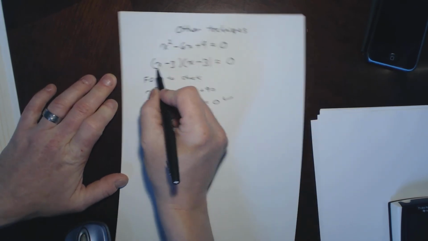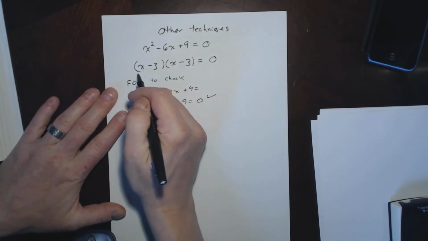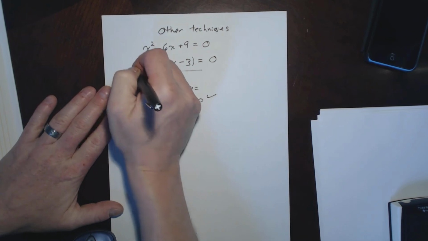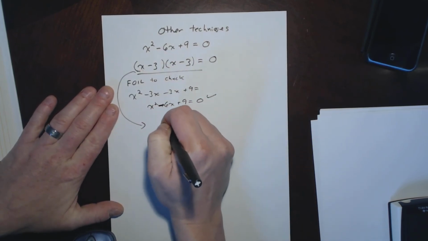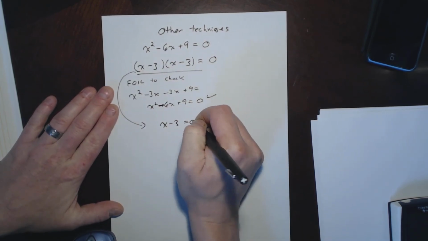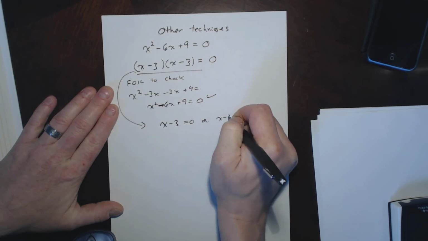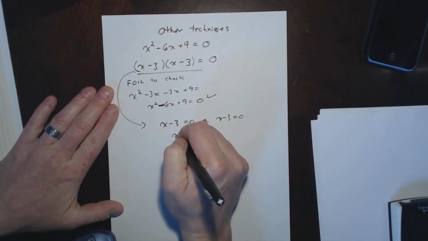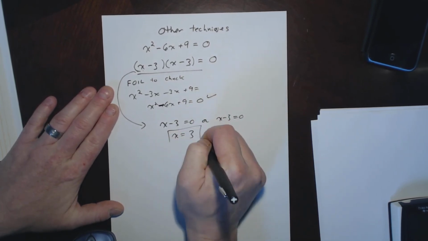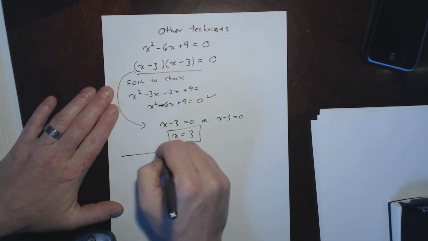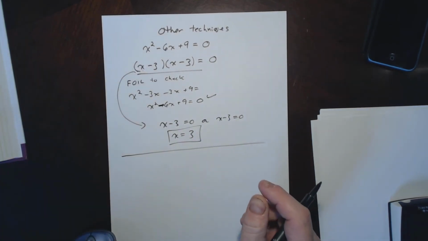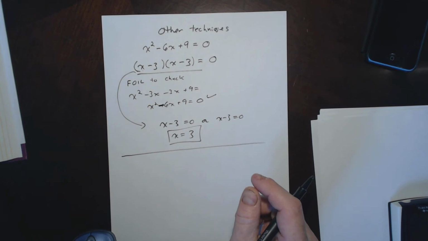So I know it works. So I have my two factors here, which I can now solve using my zero product property. X minus 3 is equal to 0 or x minus 3 is equal to 0. We recognize it's the same thing both times, so therefore the answer for this is going to be x is equal to 3.